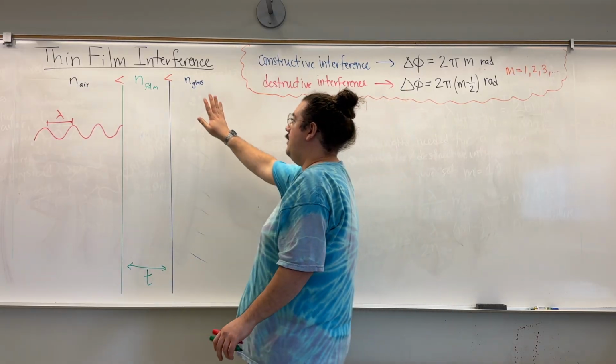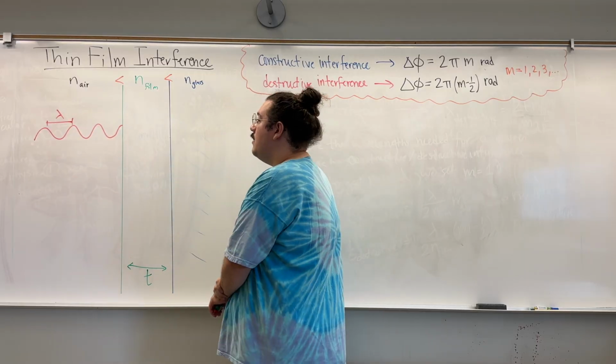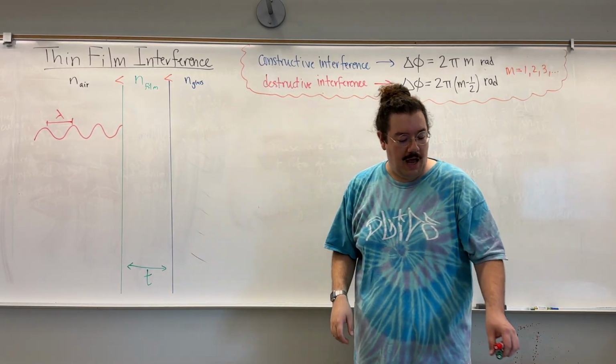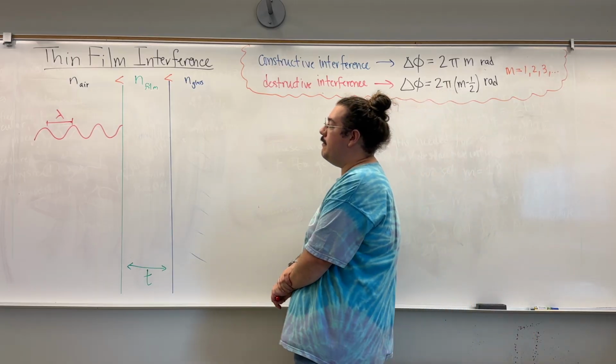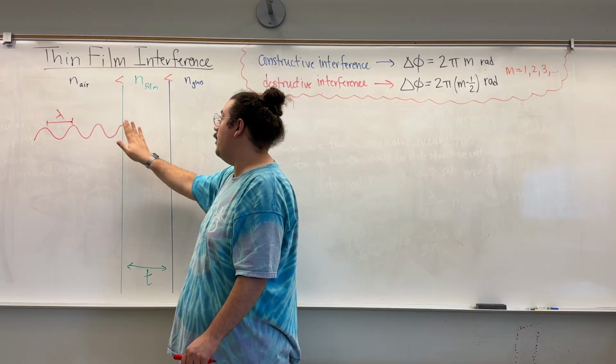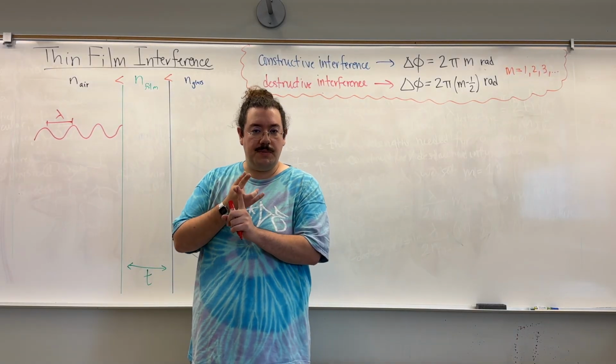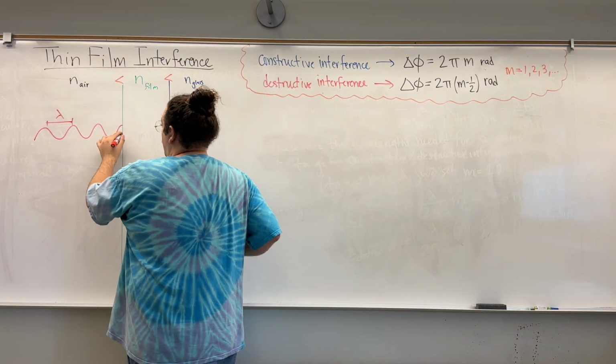Well, if the glass's refractive index is greater than the film's, and the film's is greater than air's, then we can track what happens. If the incident wave encounters this film-air boundary, it can either reflect or transmit. So let's look at the reflection.